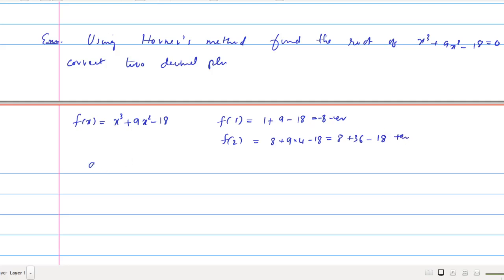Then you can get a equal to 1 and b is equal to 2. So these are the two consecutive integers.